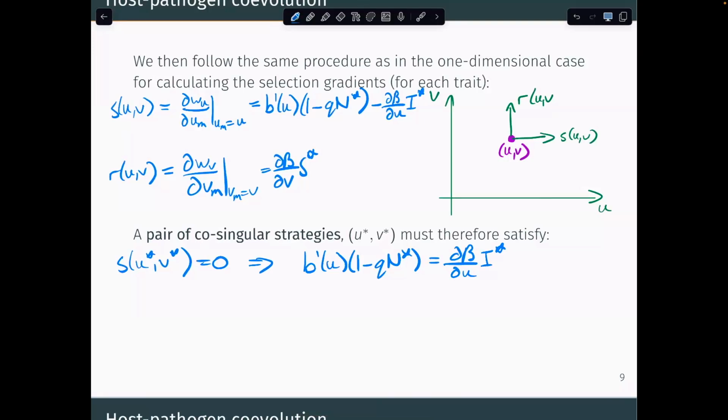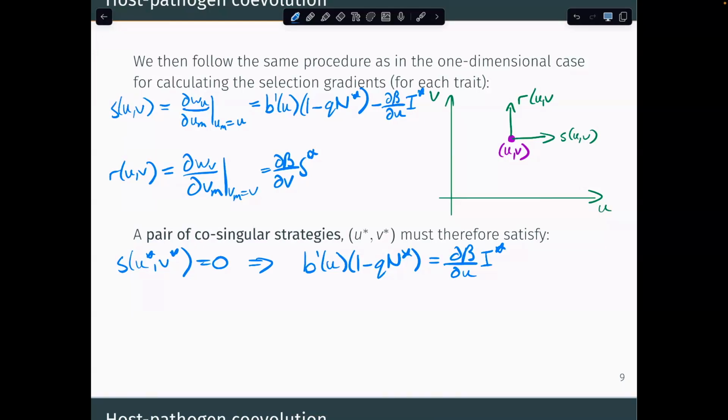This does tell us something a little bit, though. We can interpret this loosely biologically. This term is all about births. How many offspring are you producing? And how does that decrease as U increases? So as you get more resistant, how is your production of offspring faring? Over this is telling you about how rapidly you're getting infected, or what is your rate of infection.